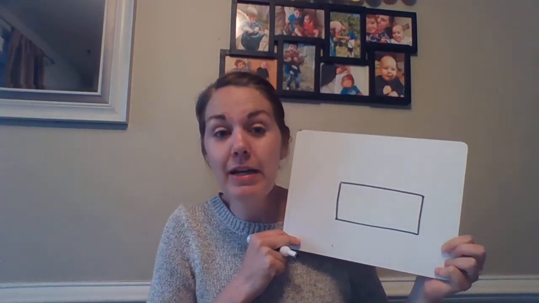So number 7 says, divide this rectangle into 8 equal parts. So they have drawn the outline of a rectangle, such as this, and they want you to divide it into 8 equal parts. So there's a couple ways that you could do this.